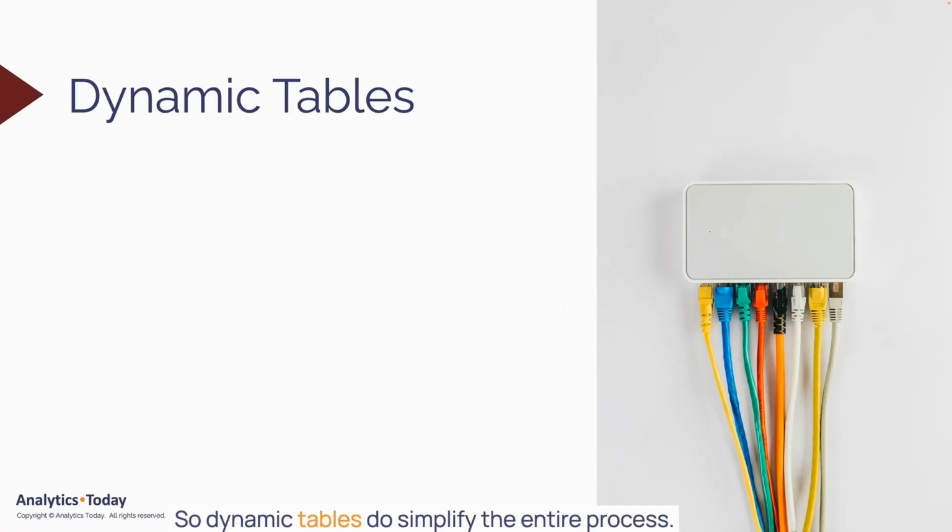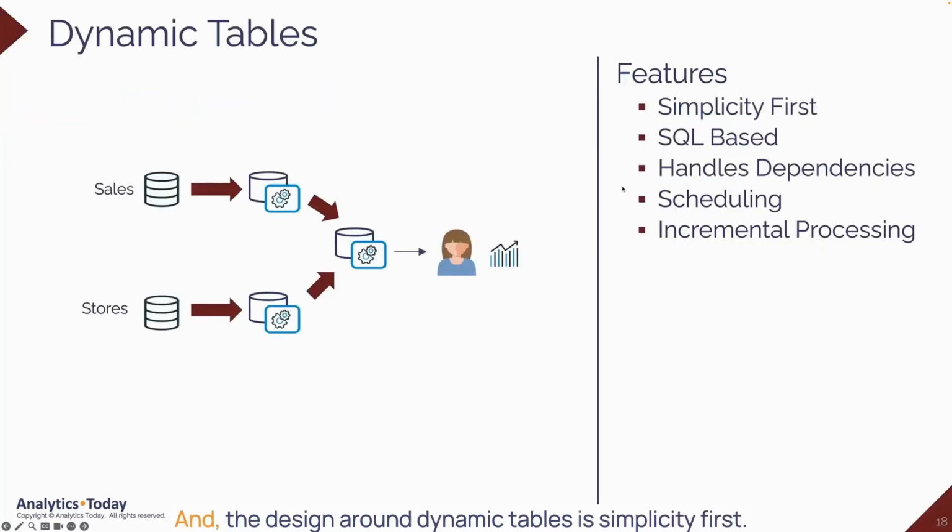So dynamic tables do simplify the entire process. And the design around dynamic tables is simplicity first. In each of these dynamic tables is a SQL statement that's going to define how that table is maintained. They automatically handle the dependencies.